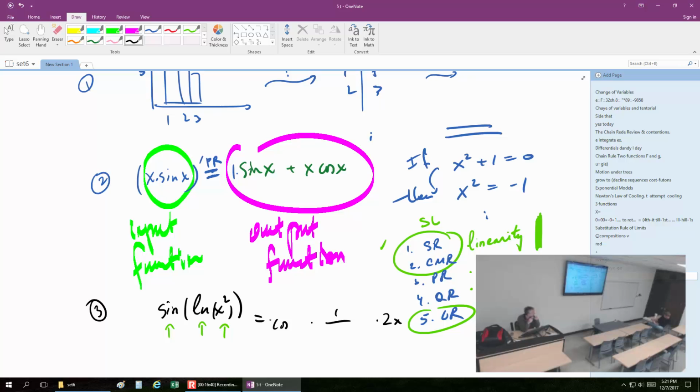Or you can just remember that no matter how long that chain is. This is usually a chain of 2 links, and this has 3 links. No matter how many you've got, you will have that many derivatives to multiply. So I have the derivative of sine is cosine, the derivative of ln y is 1 over y, and the derivative of x squared is 2x.